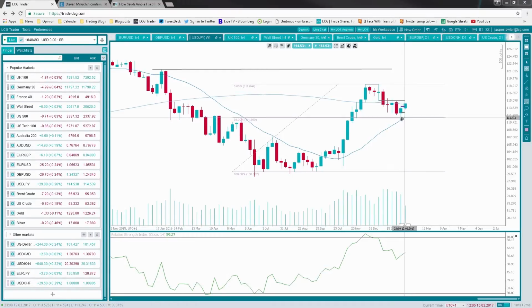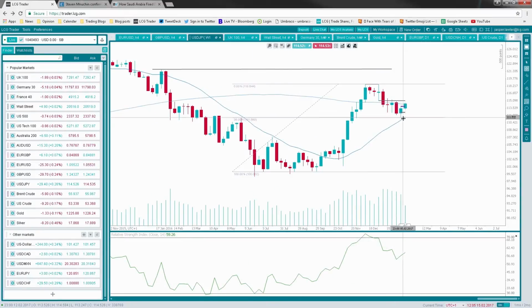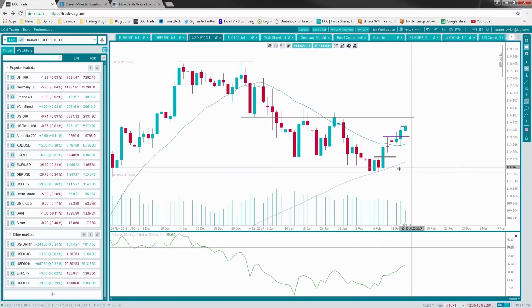We've also got this 50-week moving average, and then actually much more clearly, if we drop down to the daily chart, you can see the 20-week moving average, my apologies, and the 50-day moving average, all combining together to act as support.